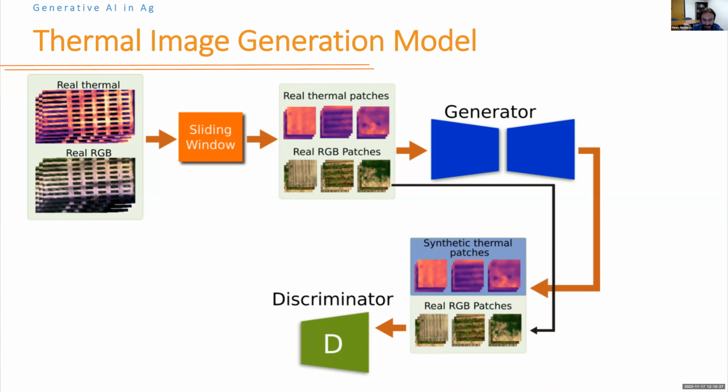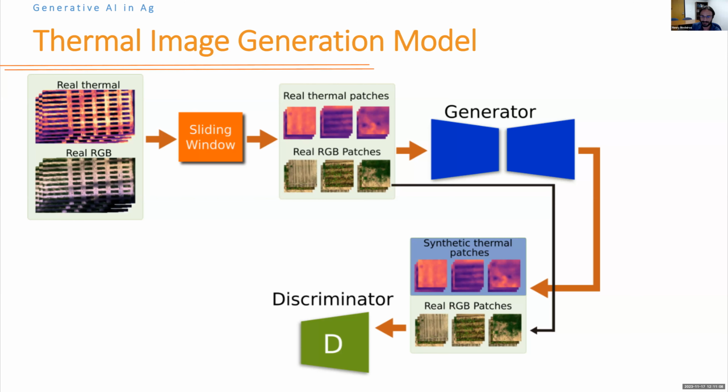But giving the discriminator just the synthetic patches makes it easy for it to learn synthetic artifacts, image generation artifacts, which are just problems with the generator that you can memorize and use to tell what's real and what's not, right? So what we do is we make the life of the discriminator harder by giving it not only the synthetic thermal patches, but we also align, basically concatenate in the channels, the real RGB patches.